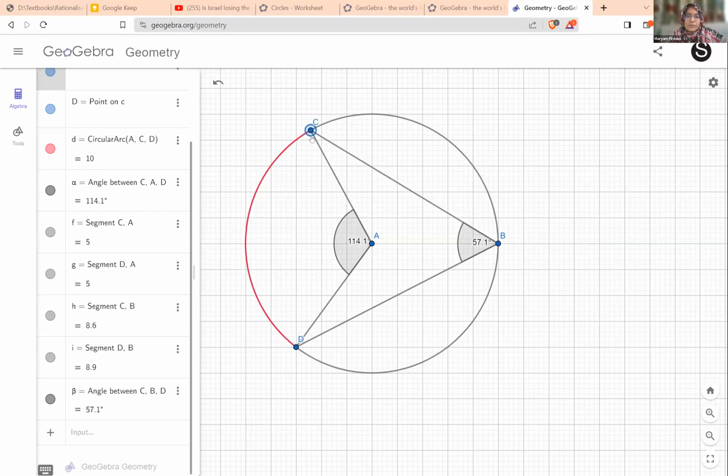I'm not able to get an exact value. Okay. For example, take a look at this angle. The angle at the center, how much is it? 90 degree. And angle at the other point, which is B, how much is it? 45 degree. 45. What is the relation between these two?